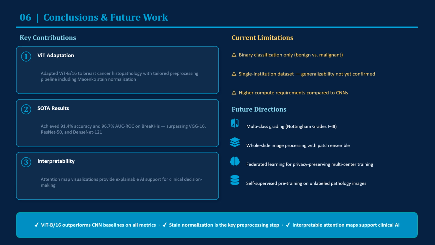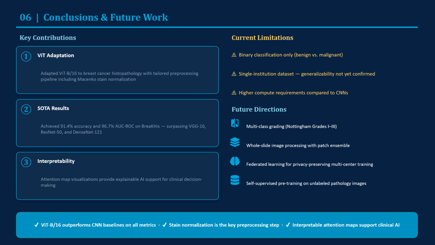Of course, this work still has some limitations. At the moment, our model only performs binary classification, meaning it predicts whether a sample is benign or malignant. In addition, all experiments were carried out using a single public dataset.